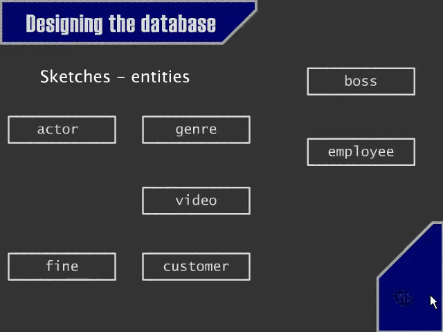Now, all of these are simply ideas that I've sketched down, some of them translated directly into tables that are eventually used in the resultant database. Some of them, however, as we'll see in a moment, changed through the process of thinking about how the different entities relate to each other and the most logical way to structure the data.